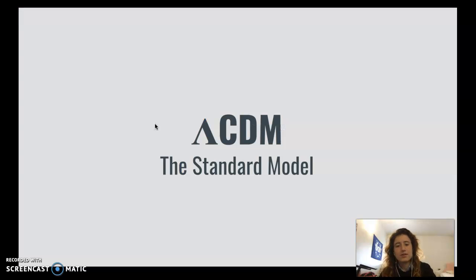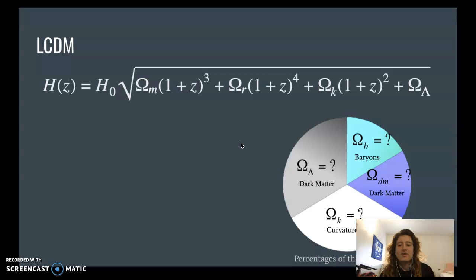Alright, so standard cosmological model, Lambda CDM or LCDM. What is this? This model comes directly from Einstein's field equations with that cosmological constant added in, seen here. And we have our Hubble constant, which is our present acceleration rate of the universe, and all of this as a function of redshift.